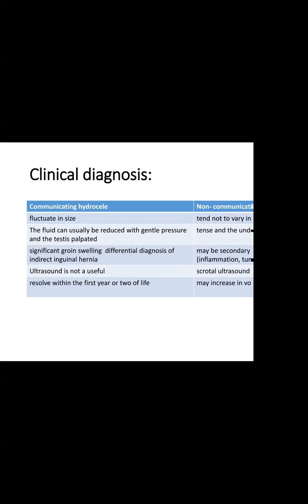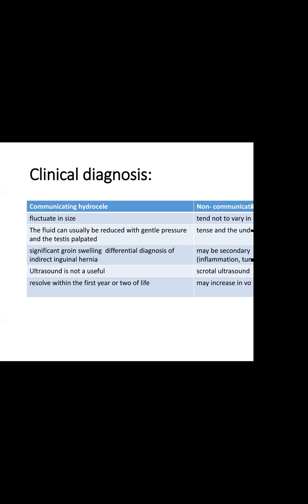The communicating hydrocele is communicating, so the fluid can go up to the abdomen and come down to the scrotum. So you may find it fluctuates. If you ask in the history, you can ask his mother or his caregiver if it fluctuates or is static, and you can apply just a minimal pressure.